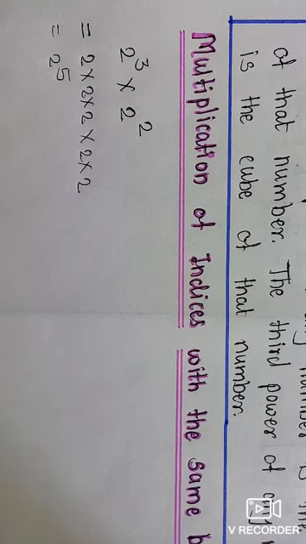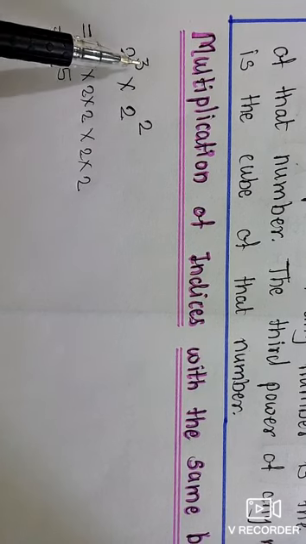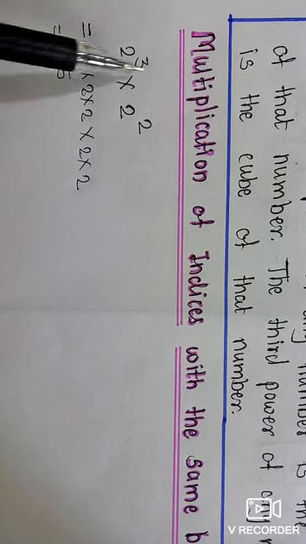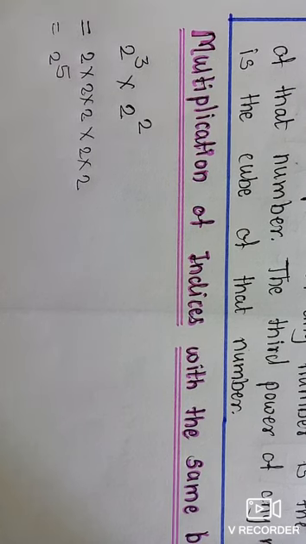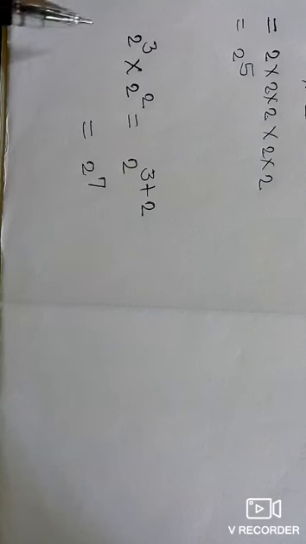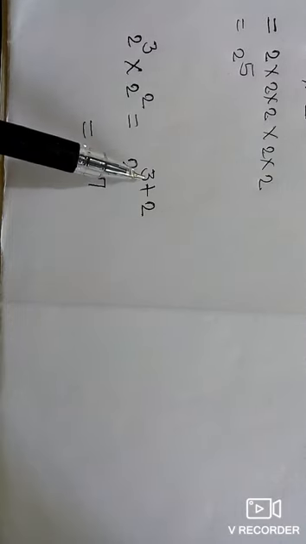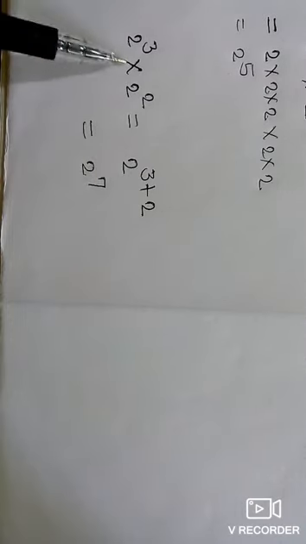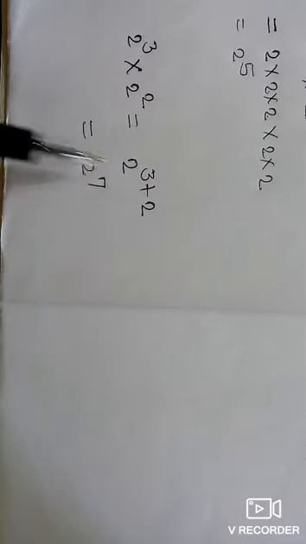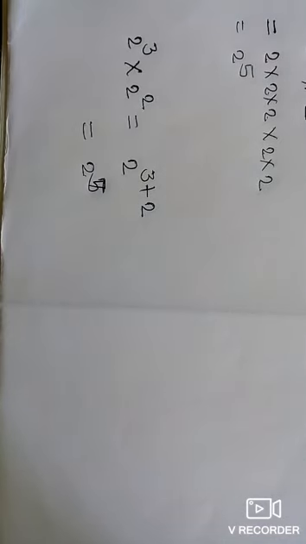Means what we have done here is we have added 3 and 2, 3 plus 2 is 5. So what rule is formed here? The rule is that if the bases are the same and multiplication is there, we have to add the indices. So here 2 raised to 5.